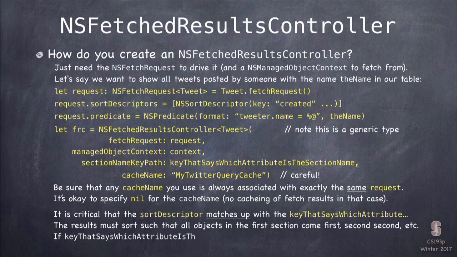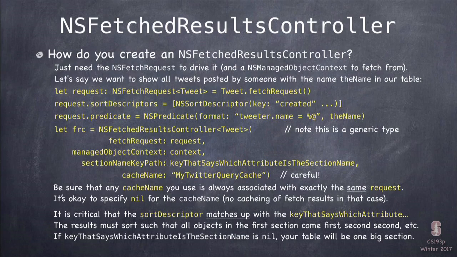And about that section key thing, something to be careful about there too, is that whatever your sort descriptors say that your rows would sort in, that has to be exactly the same order that your sections would sort in. Okay, in other words, the fetched results controller doesn't know how to move things around because they sort out of order of their sections.